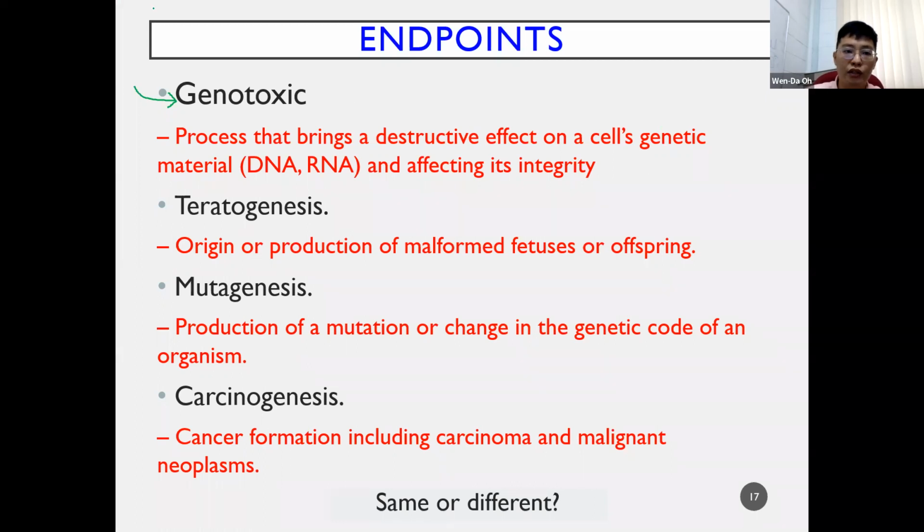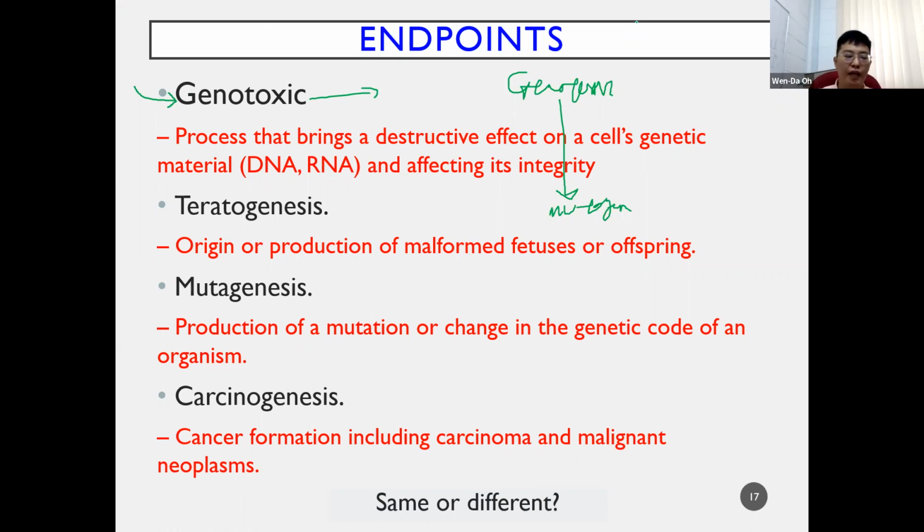In other words, genotoxic is actually a very broad field, and below this genotoxic, you have mutagen. So mutagen is part of the genotoxic class. And then we have teratogenesis.